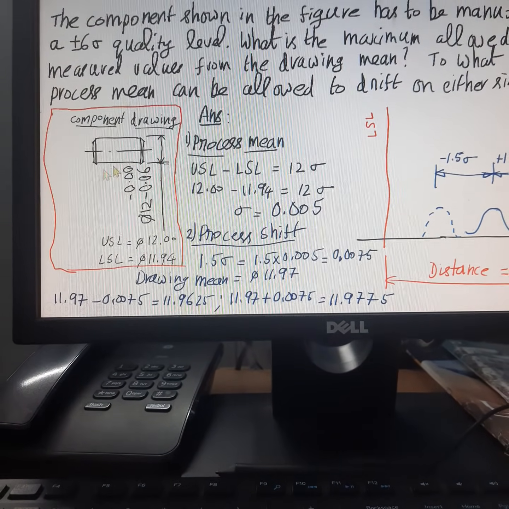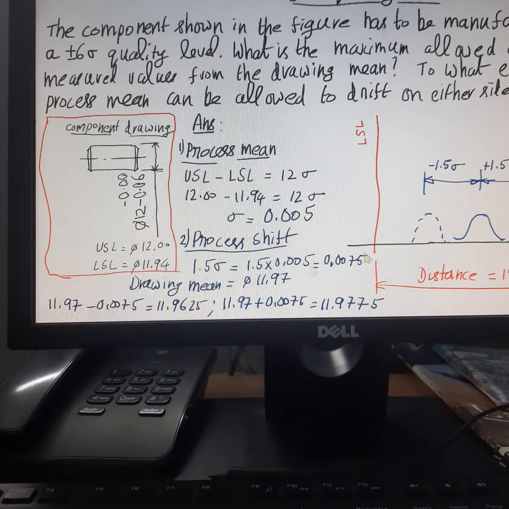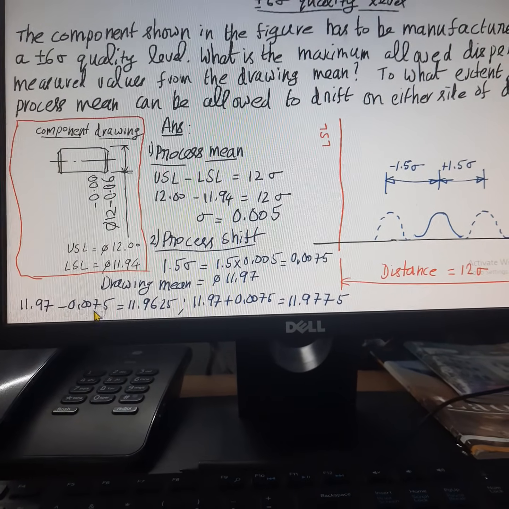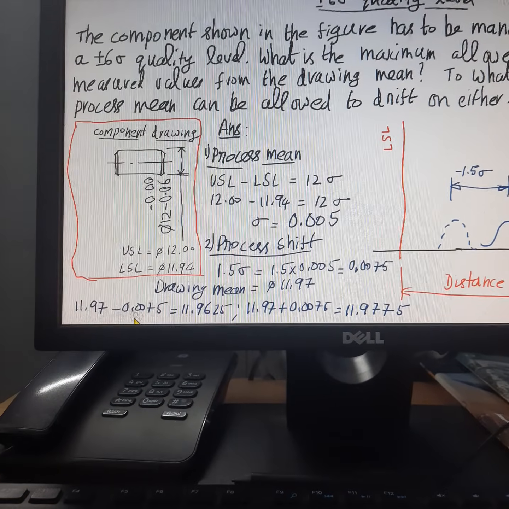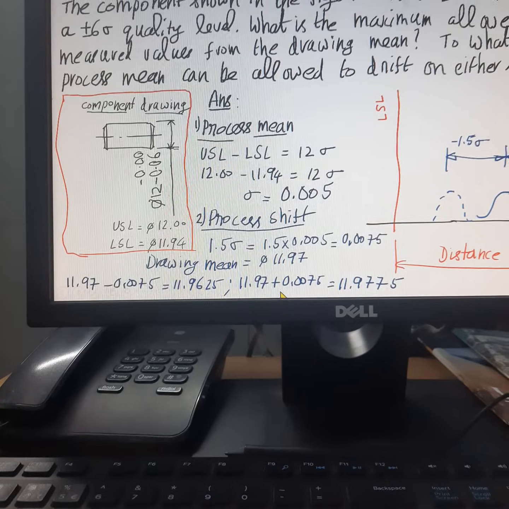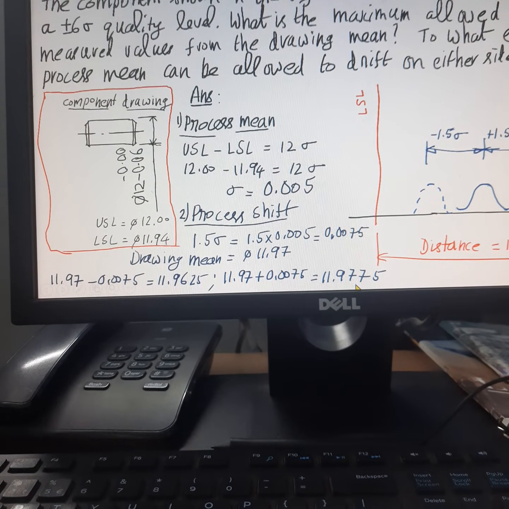The drawing mean for the component is 11.97. So from the drawing mean of 11.97, the mean should not deviate beyond 0.0075 on either side. So 11.97 minus 0.0075 is 11.9625. On the right side, 11.97 plus 0.0075 is 11.9775.